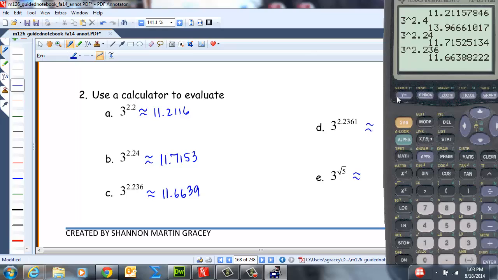And then our next one, 2.2361, gives 11.6652.